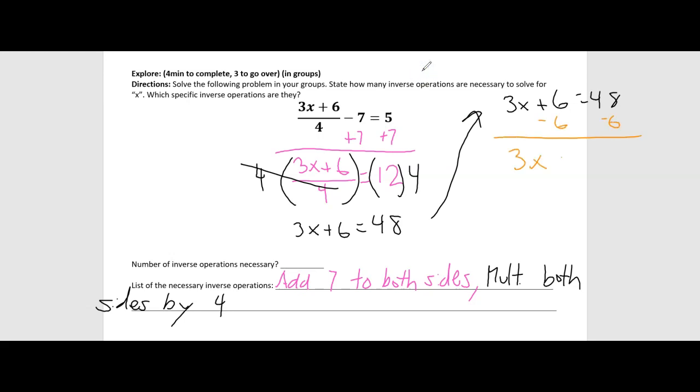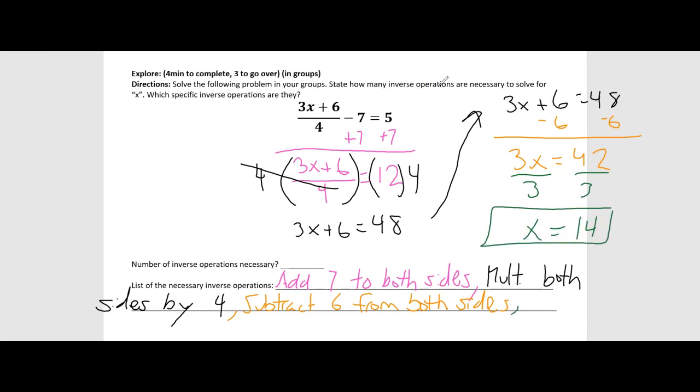So I get 3x is equal to 42. So subtract 6 from both sides. And our last step is going to be to divide both sides by 3. And I get x is equal to 14. So divide both sides by 3.